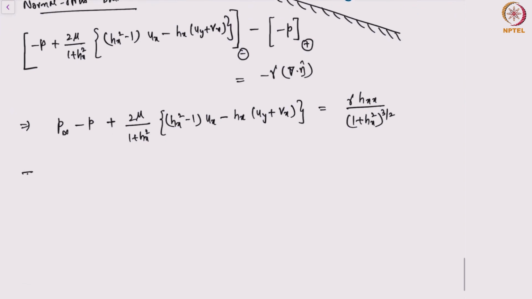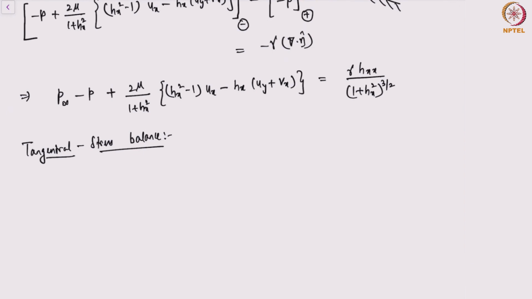And what about the tangent stress balance? The tangent stress balance simply becomes n dot capital T dot the tangent vector t, above minus below, which will be equal to minus t hat dot del s of gamma.